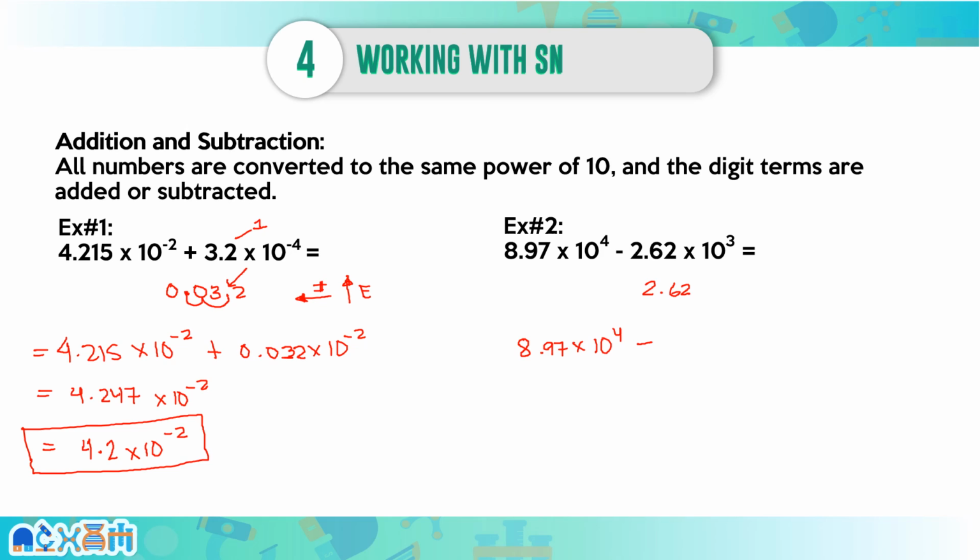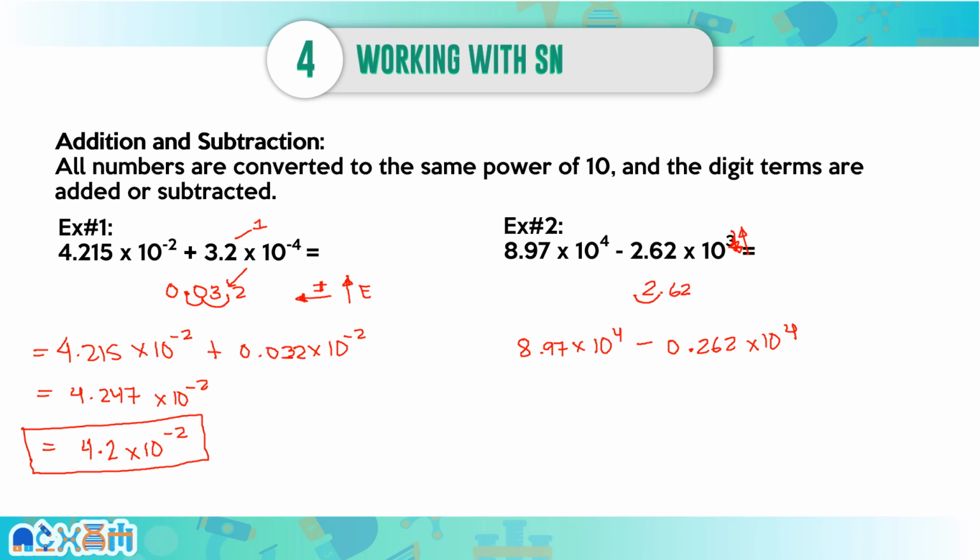And for me to increase this exponent, what I have to do is to move to the left. Because, right, when you move to the left, you increase your exponent. So I'm going to move to the left, and my value from 2.62 will now become 0.262, and this will now become times 10 to the 4.